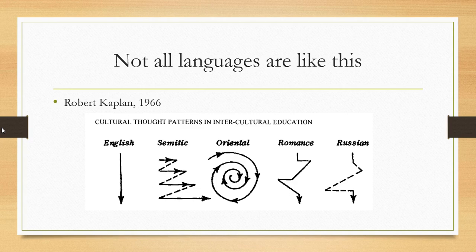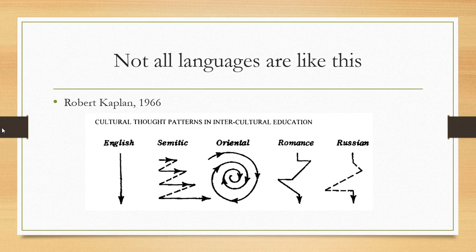What Kaplan called Semitic languages, which are also going to include not just Hebrew, but Arabic and a lot of Middle Eastern languages like Kurdish and Turkish, these kinds of things, they tend to rely heavily on coordinating conjunctions.